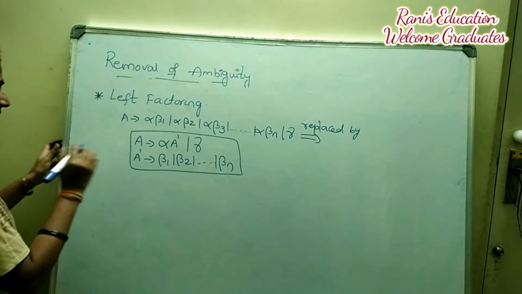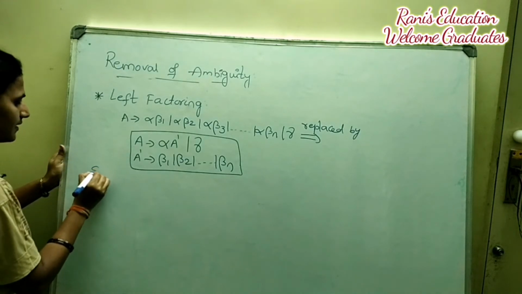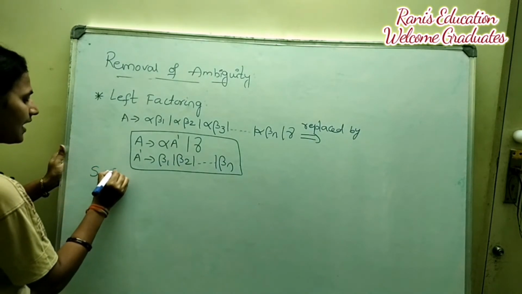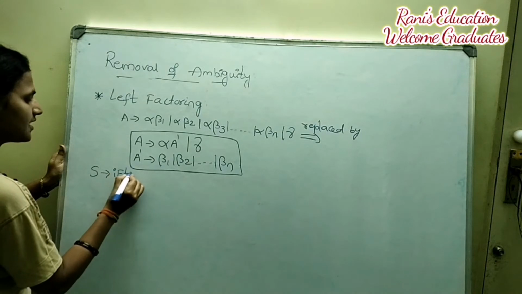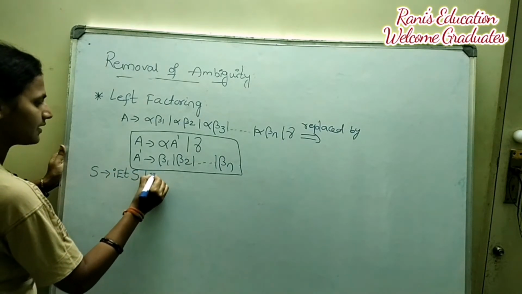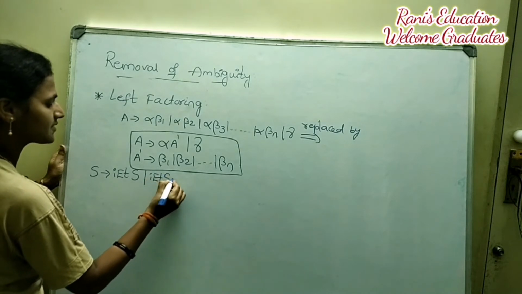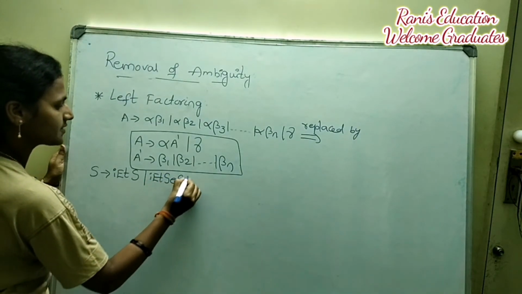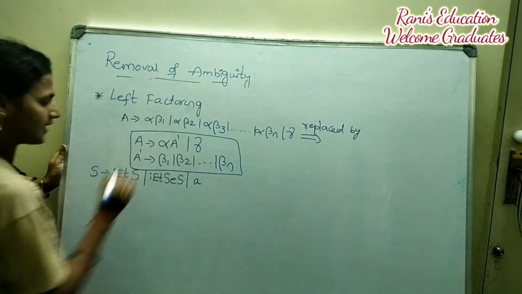Let us take a simple example for this. S derives iEtS or iEtSeS or a.